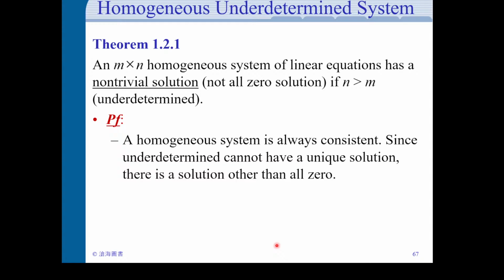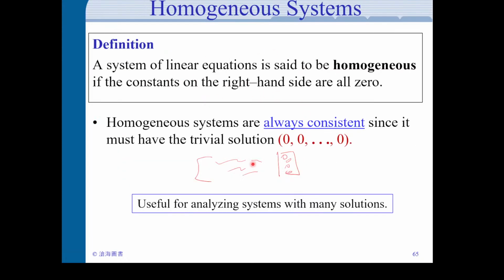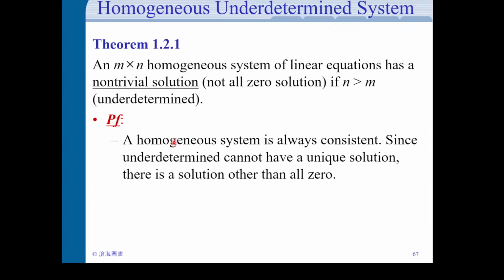Here we have a small theorem about homogeneous systems that are underdetermined. If you have a system that is both homogeneous and underdetermined, then you must have a non-trivial solution. A trivial solution just means the solution that is all zero. Remember, a homogeneous system always has this trivial solution. If it is also underdetermined, then it must have a solution that is not the all-zero solution.